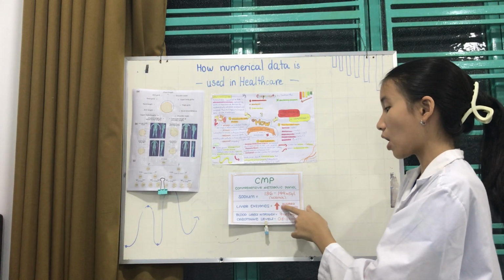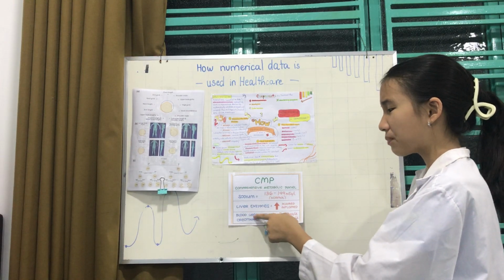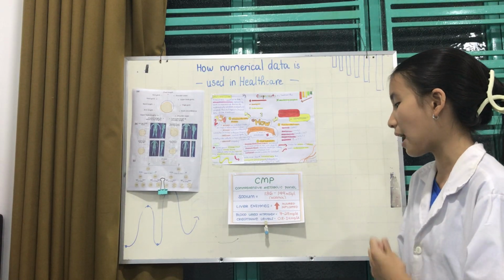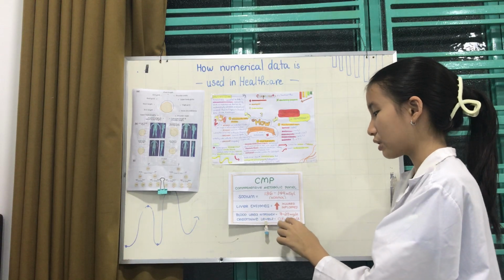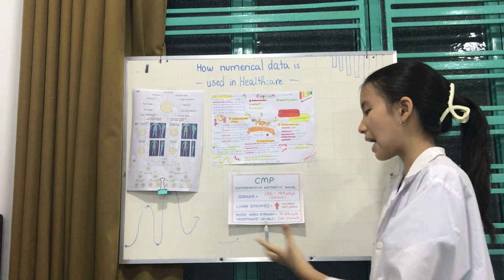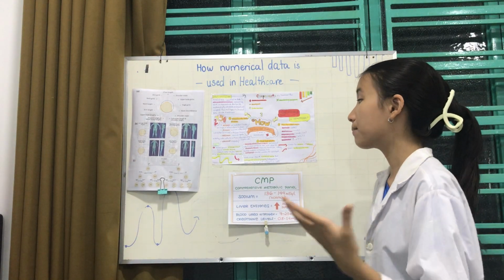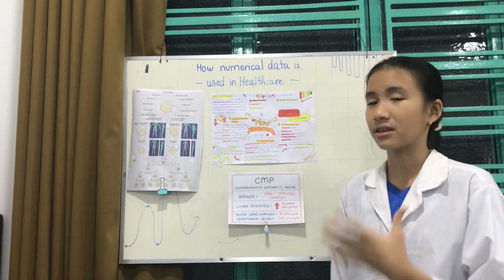Liver enzymes can be injured or inflamed. The blood urea nitrogen is 7 to 29 milligrams, and this is creatinine levels. So this is like a metabolic panel. It helps us to measure the electrolytes, kidney function markers, and glucose levels.